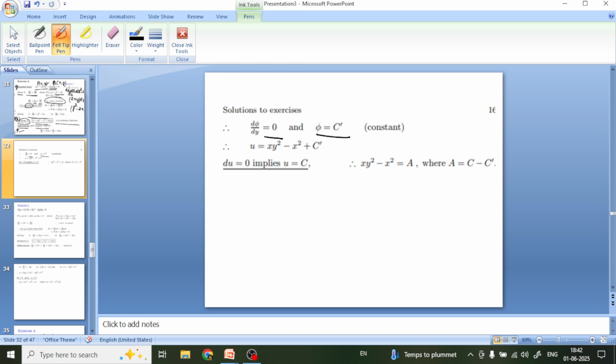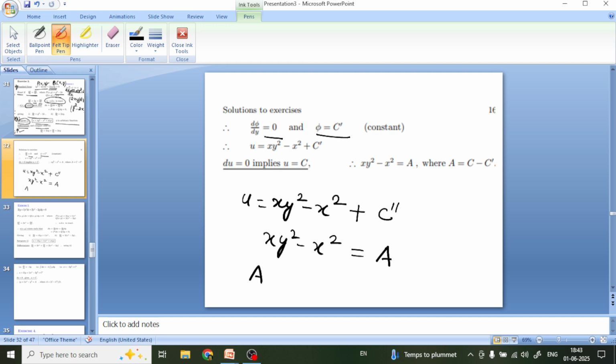And u is equal to x y square minus x square plus phi, that is c dash, and x y square minus x square should be equal to a, and a is equal to c minus c dash. Like this you have to prove.